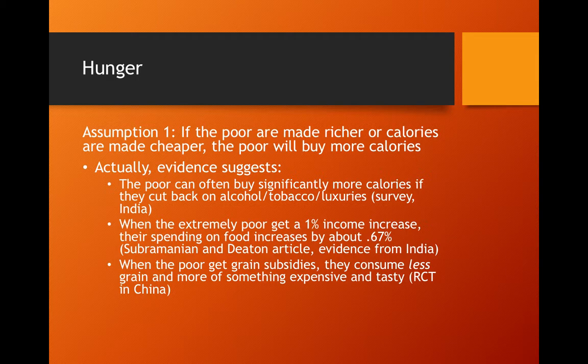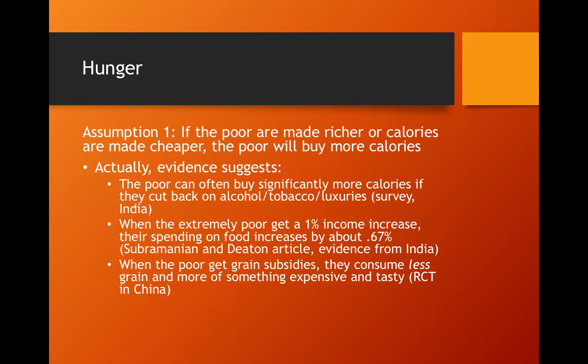They look at survey evidence from India and find that even people who report being hungry buy things that they certainly don't need. So maybe they're not in a calorie poverty trap after all. Or maybe simply increasing their buying power won't get them out of it.